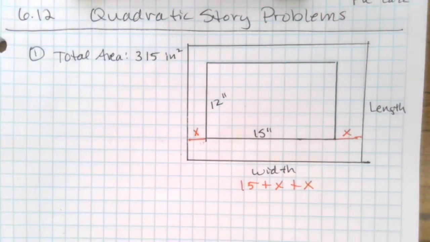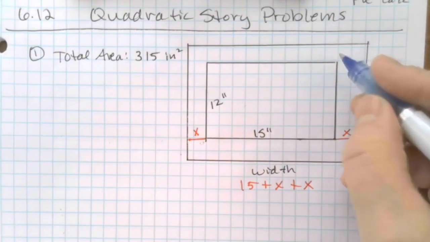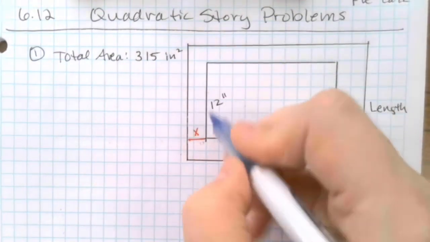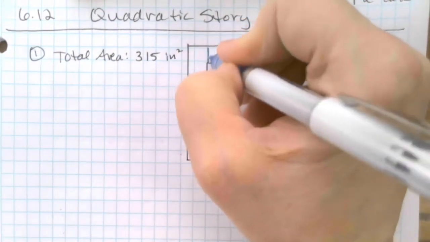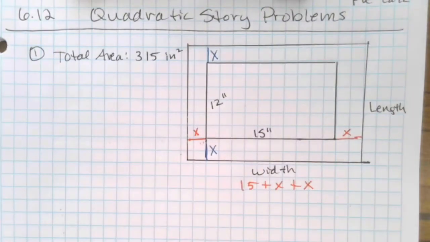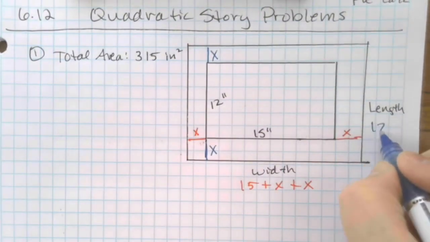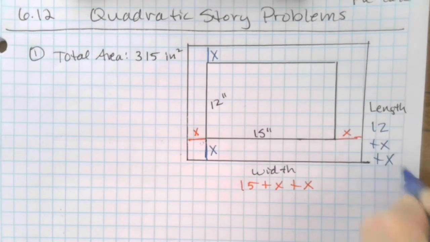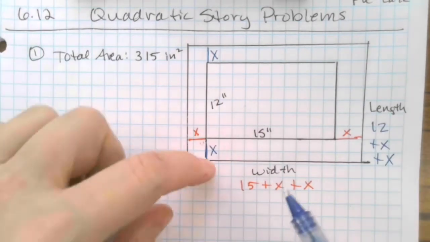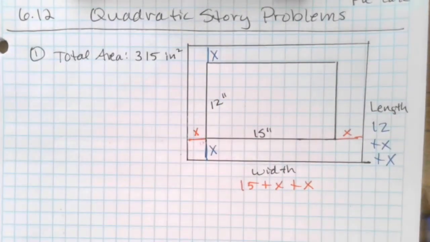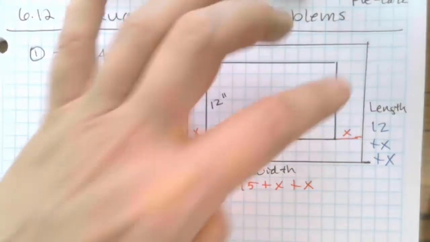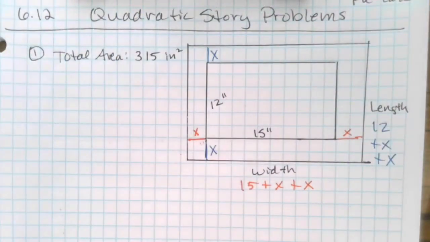The same thing goes with the length. Yes, we have 12 inches, but we have a piece of frame here and a piece of frame here. So the length is going to be 12 plus 2x, because you have a piece on the bottom and a piece on the top. Now you have to find a way to relate these two to each other, something they're equal to, so you have something to solve.